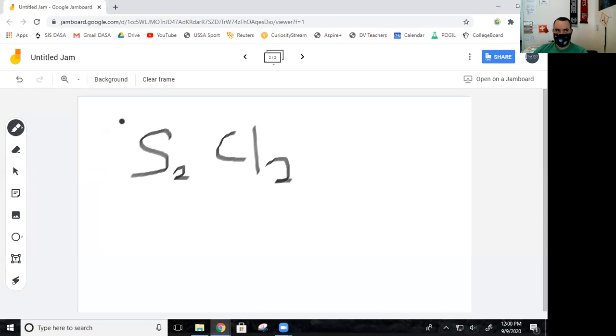This is the molecular formula, meaning what? What does this mean? It just tells you how many of there are. Okay, this is the molecule. There are 2 sulfurs and 2 chlorines.